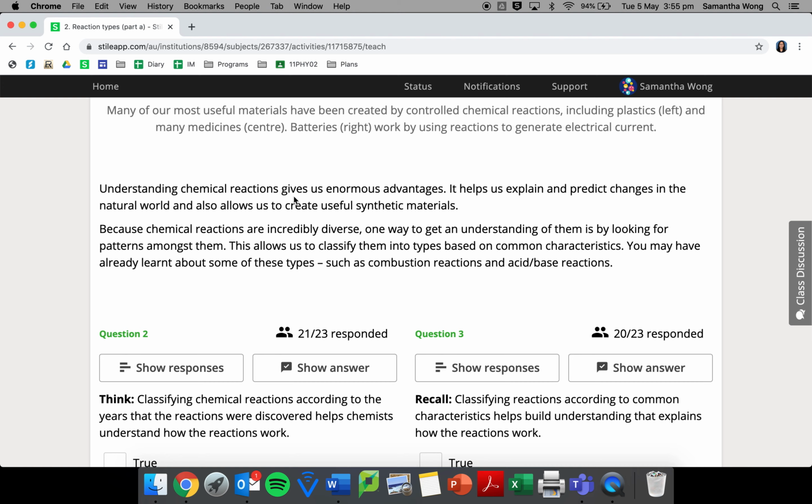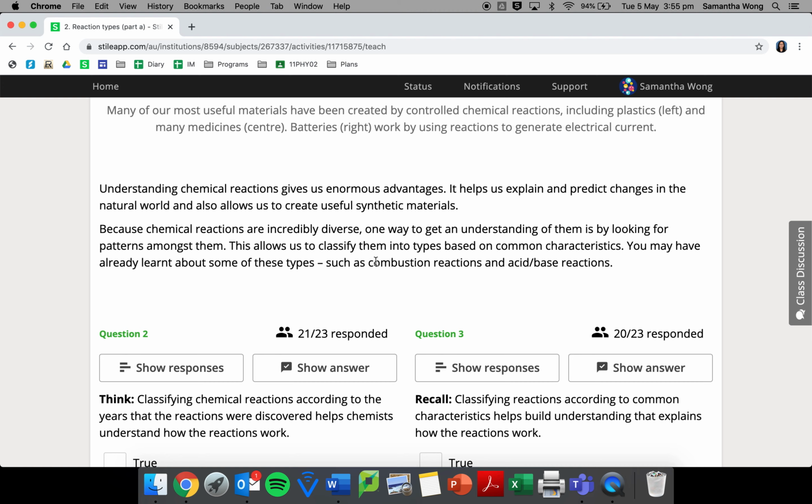Understanding chemical reactions gives us enormous advantages. It helps us explain and predict changes in the natural world and also allows us to create useful synthetic materials. Because chemical reactions are incredibly diverse, one way to get an understanding of them is by looking for patterns amongst them.